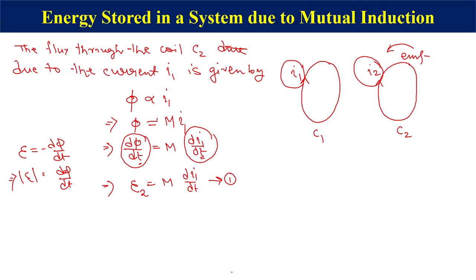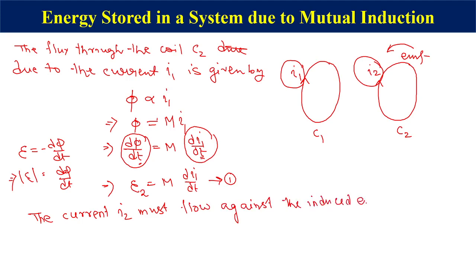Now, the current I2 flowing in the coil C2 must flow against the induced EMF E2.